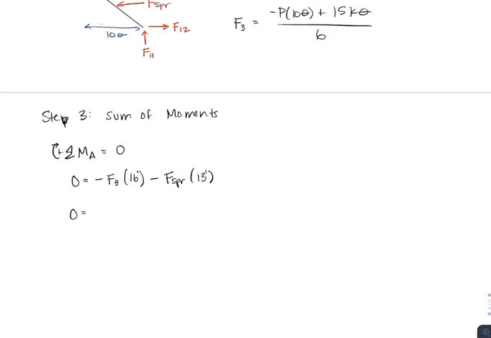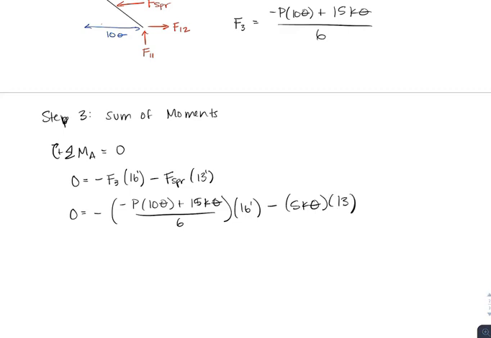So we have 0 equal to negative P times 10 theta plus 15 K theta over 6, that times 16 feet, minus 5 K theta times 13.